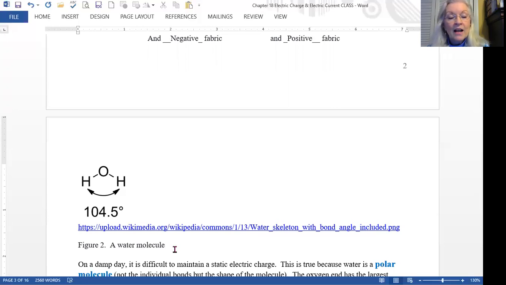We're not talking about ionic, covalent, and polar bonds. We're talking about the physical shape of the molecule creating a charge distribution. So the hydrogen end will end up being more positive and the oxygen end will be more negative. And we'll look at that in a second graphic in just a second.